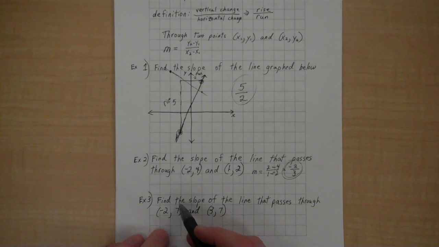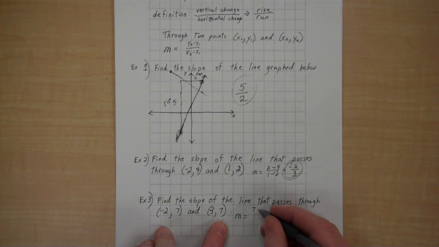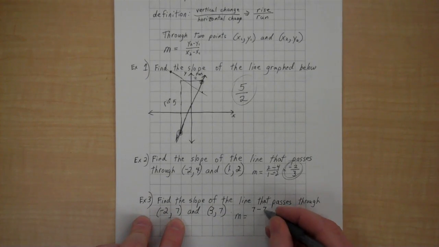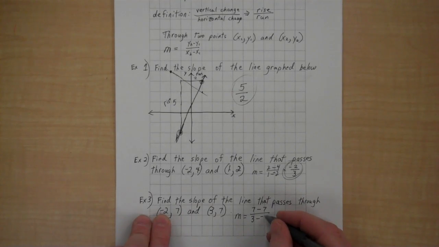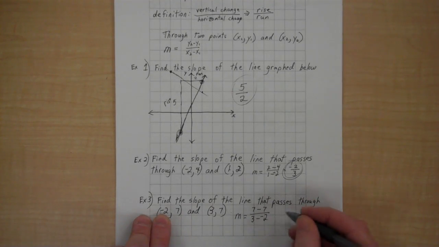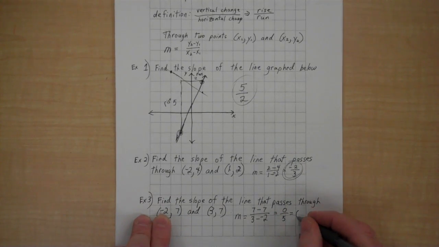Now let's look at example 3. Find the slope of the line that passes through -2, 7 and 3, 7. Well, let's use the slope formula again. Let's take y2, 7, minus y1, 7, over x2, 3, minus x1, -2. 7 minus 7 is 0. 3 minus -2 is 3 plus 2, which is 5.